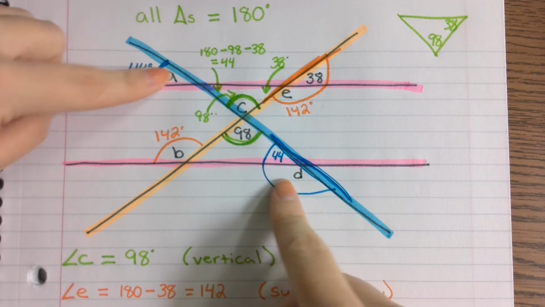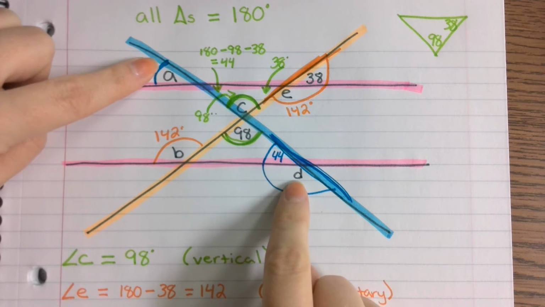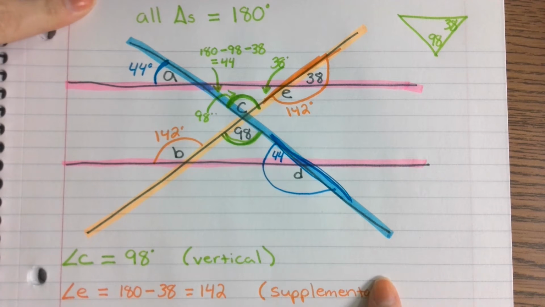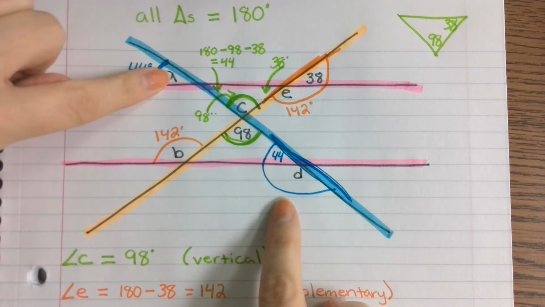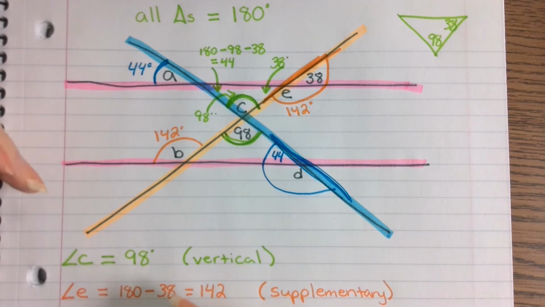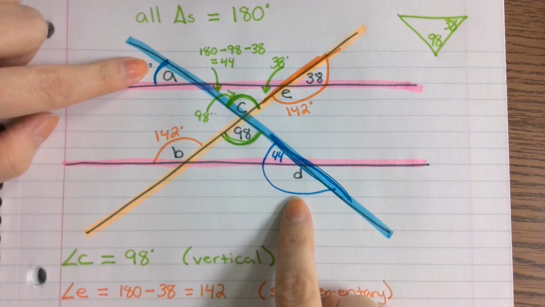They're both on the left side of the transversal. So what they're called is same side exterior angles. They're both outside of the parallel lines, but they're on the same side of the transversal. So they're called same side exterior.